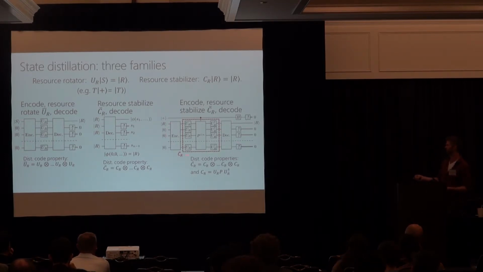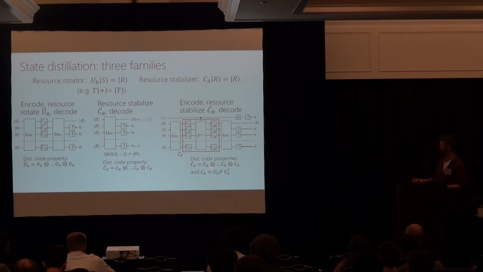You have a distillation code which has a logical resource stabilizer, and you also note the property that the resource stabilizer can be written in terms of some Pauli conjugated by the resource rotator.